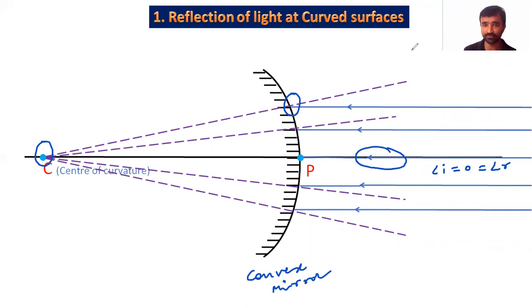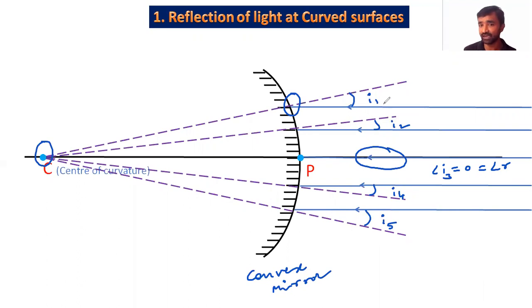So normal drawn. Then what to do? We have to measure the angle of incidence in each case, for the first ray, the second ray, the fourth ray, because the third is 0. Then the fifth ray is I5. Then what to do?